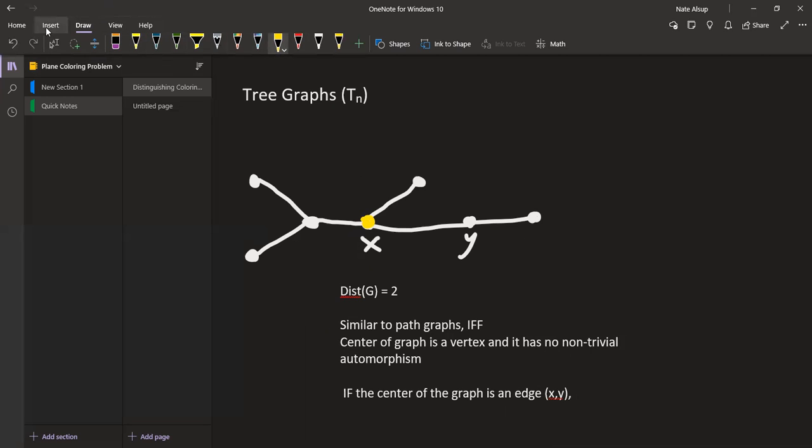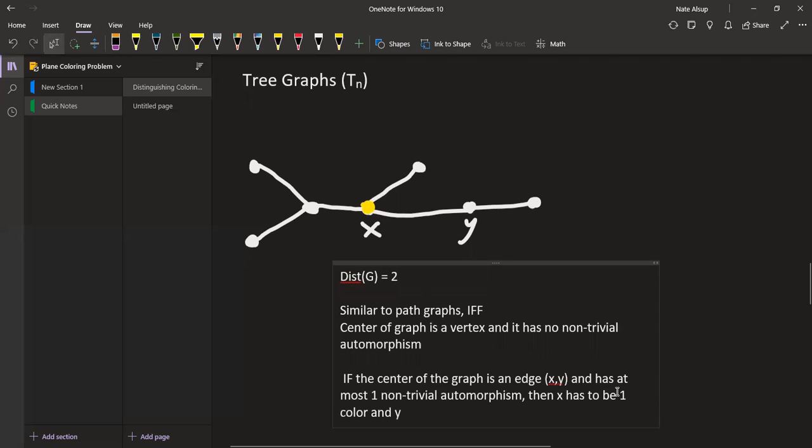And this is only because, disregarding this one, it doesn't have a non-trivial isomorphism, and has at most one non-trivial automorphism, then x has to be one color and y has to be another color.